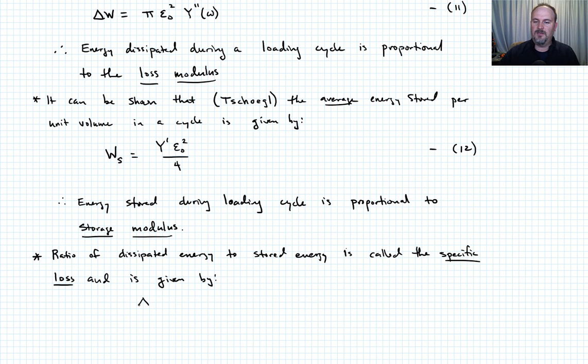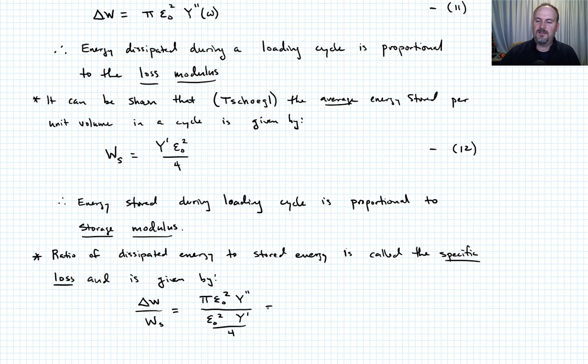So this now will be delta W, the energy dissipated, divided by Ws, the energy stored, which is going to be equal to equation 11 divided by equation 12. So pi epsilon naught squared y double prime divided by epsilon naught squared times y prime over 4.